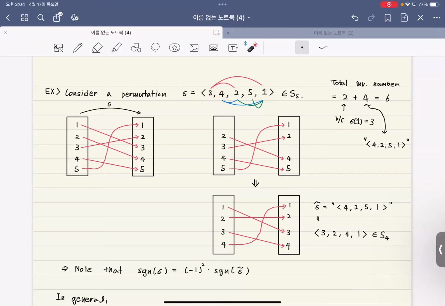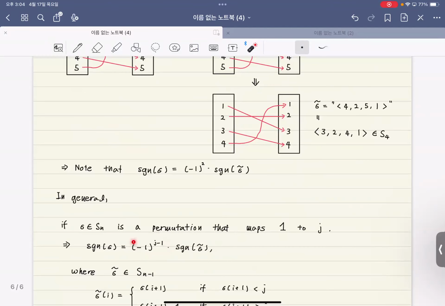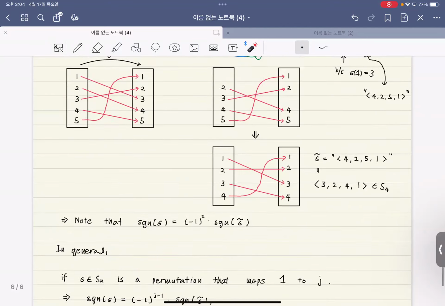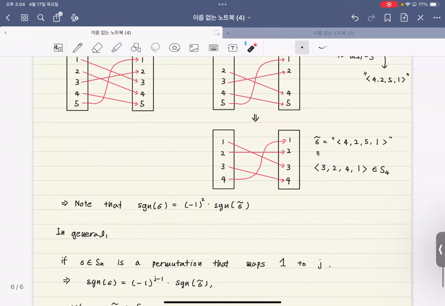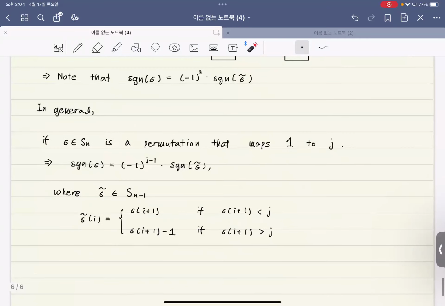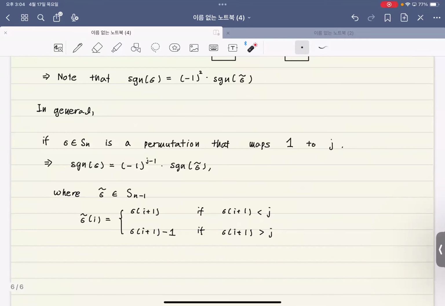So you have precisely j minus 1 such arrows starting from here. Therefore, this number represents these arrows. All right. Great.